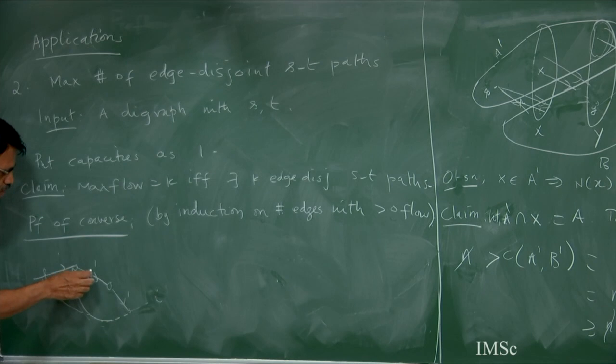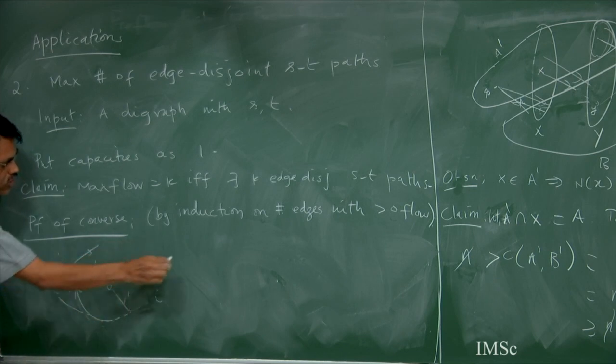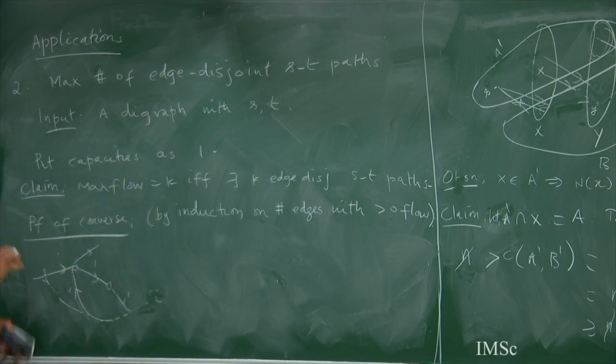Make this 0, 0, 0, 0, and because of this 1 and this 1, there must be something else going out, take that. So nullify this cycle, follow through, or you can apply induction again, because the number of edges with non-zero flow has come down now. The flow value has not come down. Okay, so that's sort of the proof.